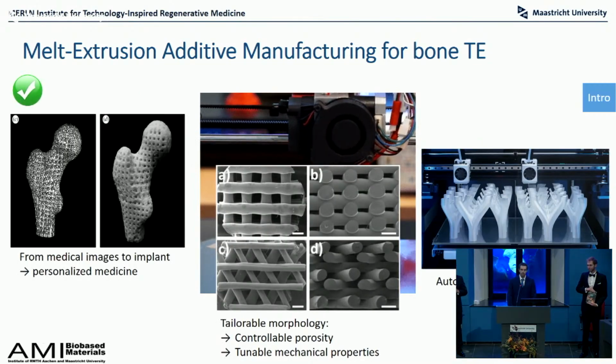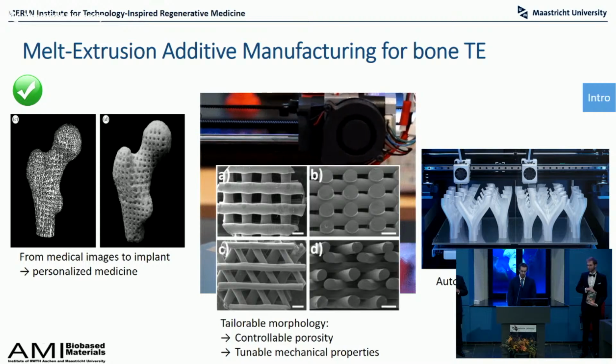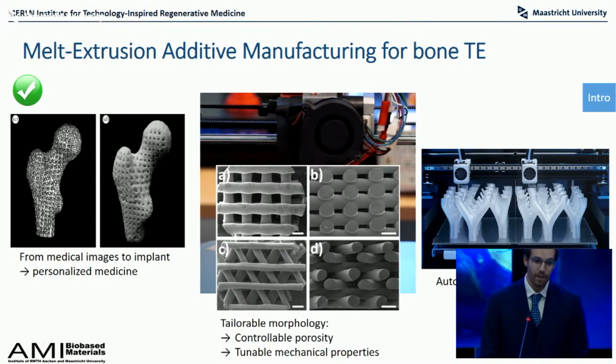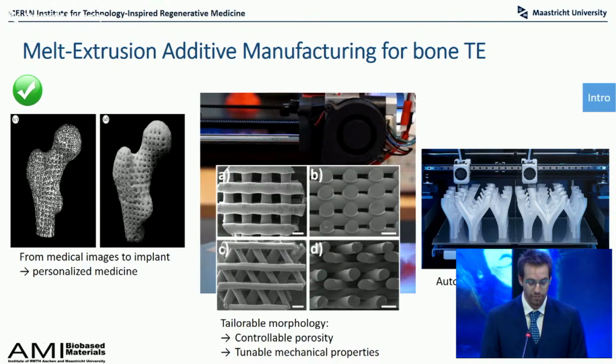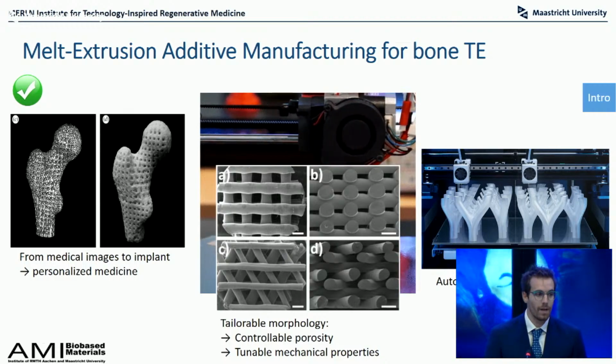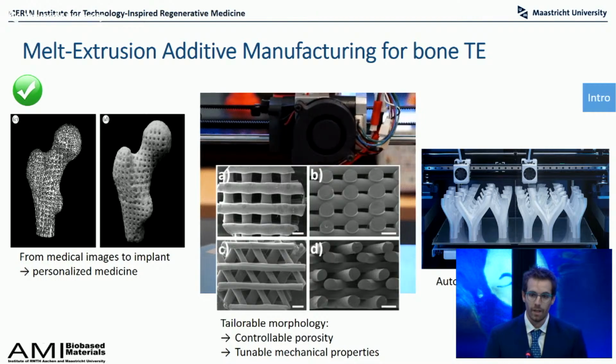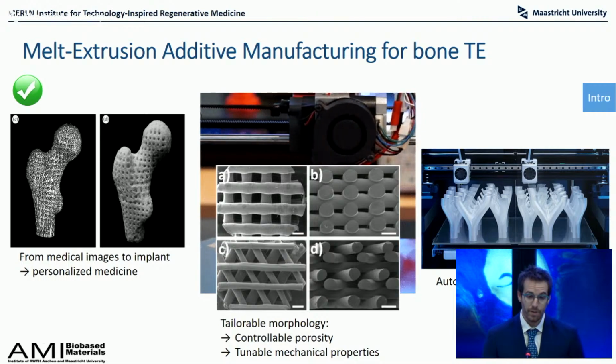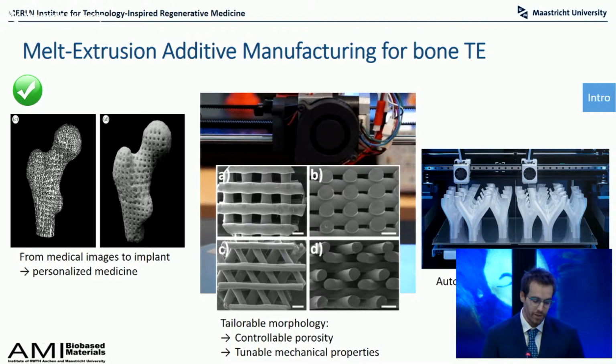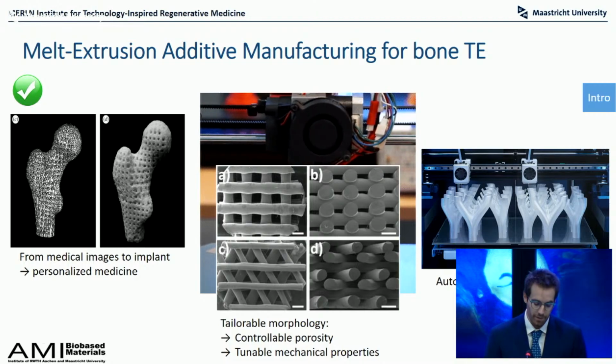The main reasons for the success of such manufacturing techniques derive from the control over scaffold morphology thanks to the layer-by-layer manner of deposition during manufacturing. This control allows the production of personalized implants with, hopefully, the desired morphology and mechanical properties.